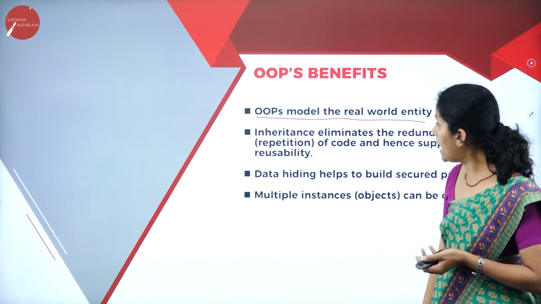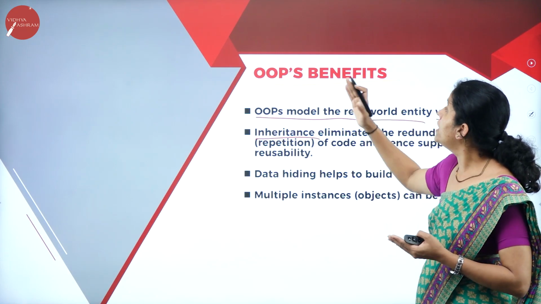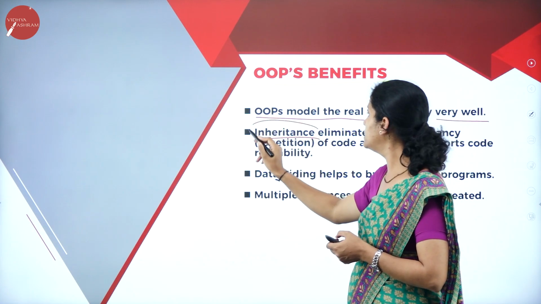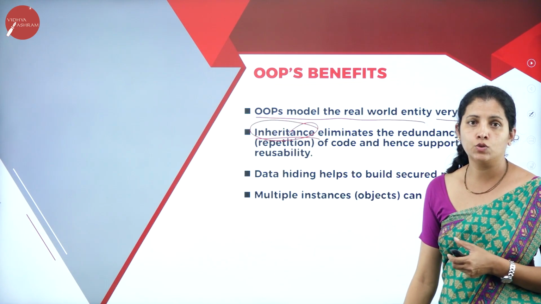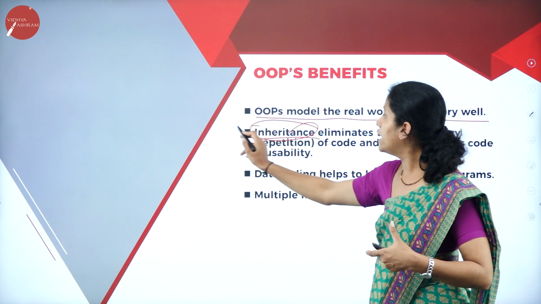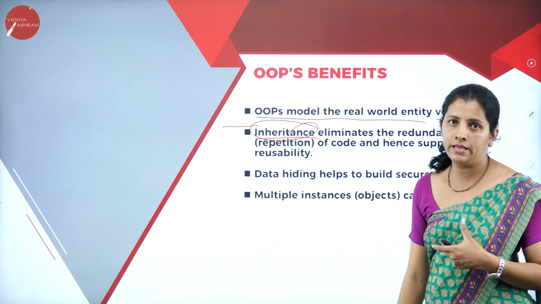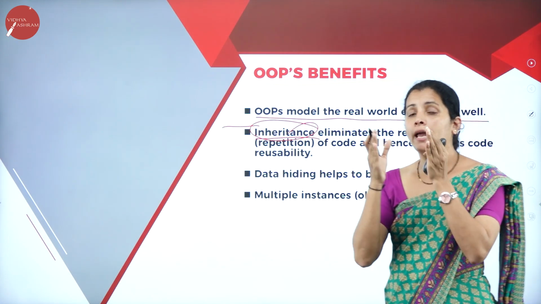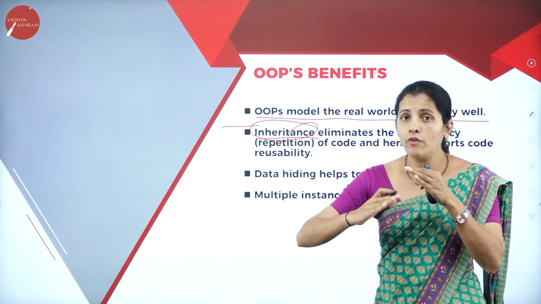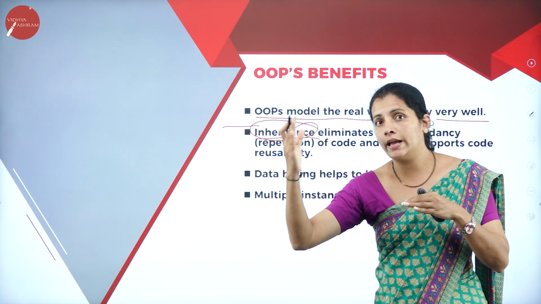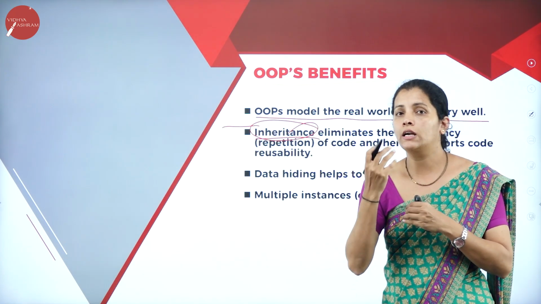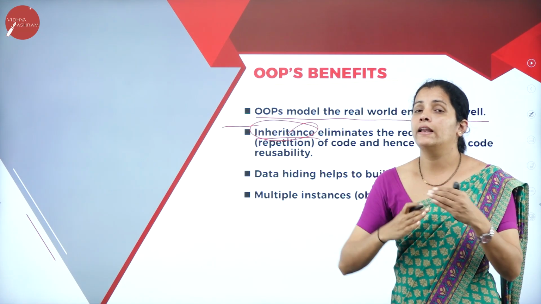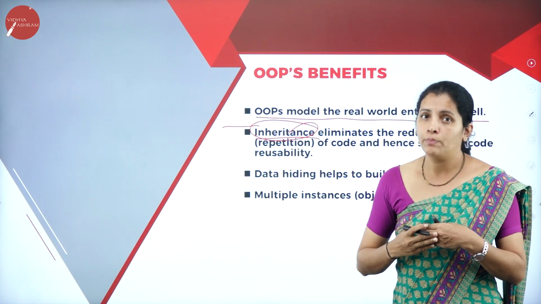So these are the properties of the class, and these kinds of problems are very easily represented with the help of object-oriented programming language. Another very important benefit of object-oriented programming is nothing but inheritance. So what is inheritance? That is nothing but reusability. That means if I want to use the same code again and again, instead of writing the same code again and again, I'm going to club those features in my program so that I can reuse the property.